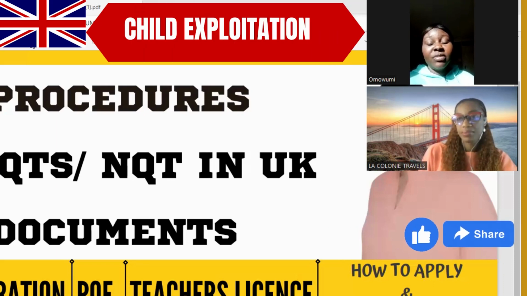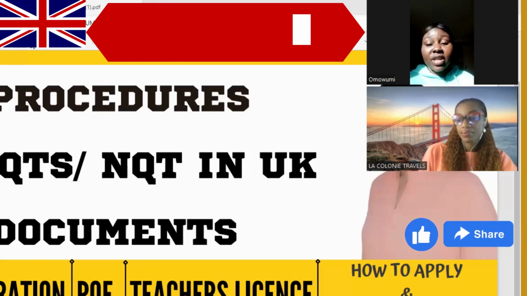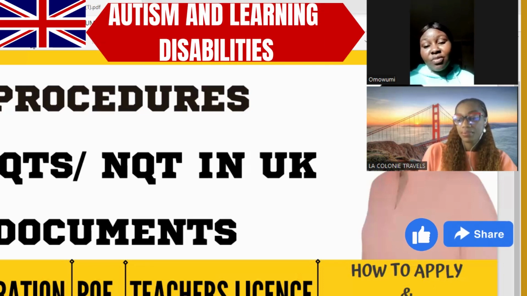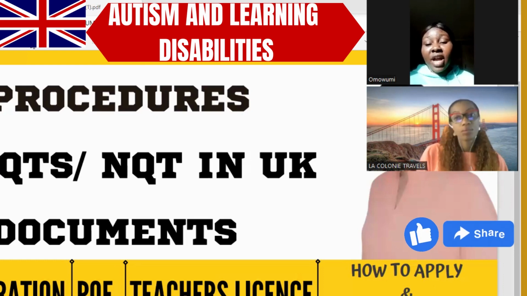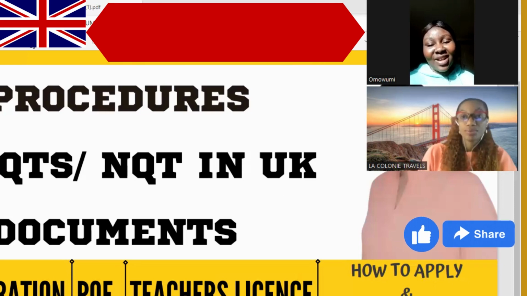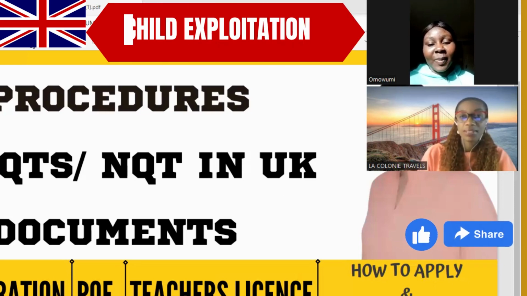You can even do autism and learning disability courses, because in most schools here you will have some students with learning disabilities. If your employer sees all this professional training on your CV, you get noticed and get a call. Yes, it's very important.